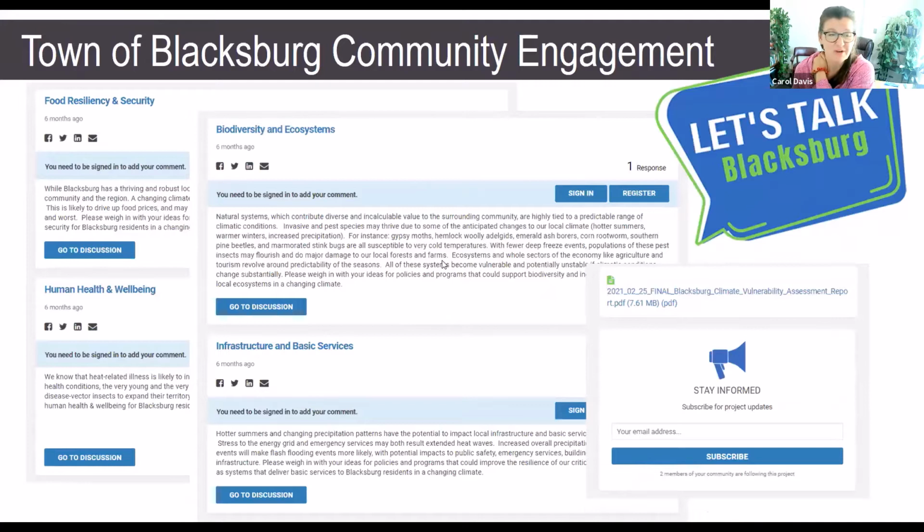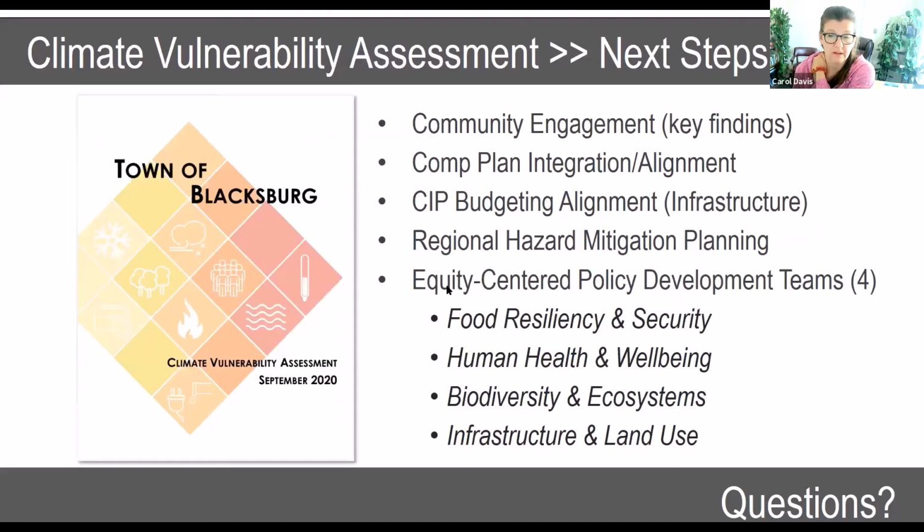And you can go further into there and really get into some granular level detail. If biodiversity and ecosystems are the thing you're most concerned about, we want to hear from you. What do you think we can do to adapt and be more resilient? You can also download the full report there. And so with that, I will stop share and see if anyone has questions for me.